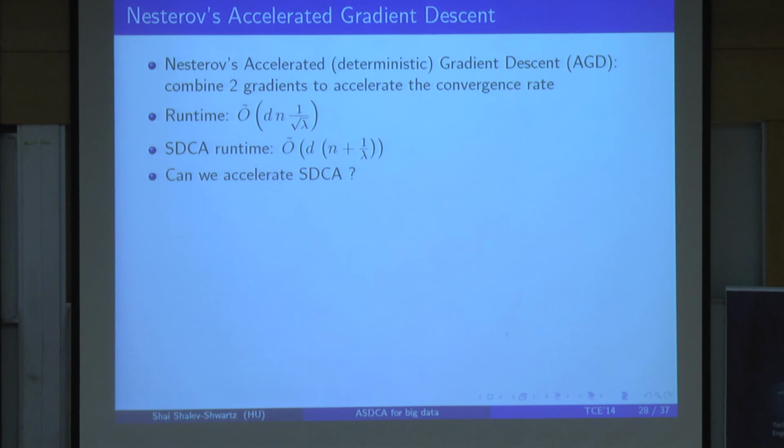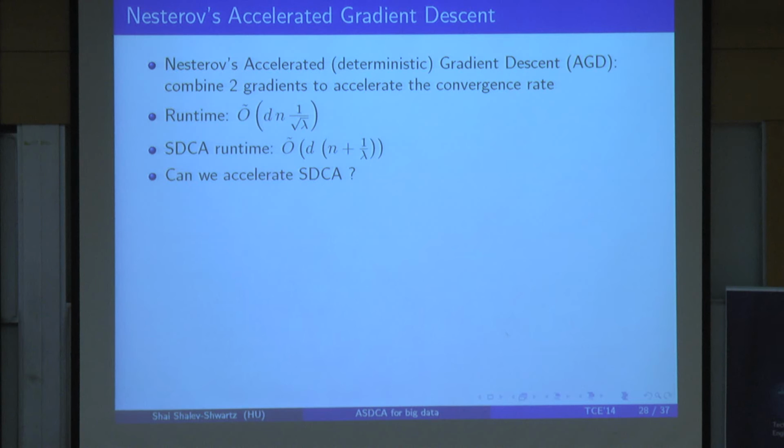You don't lose a lot. You maybe lose a factor of 2 in the cost of each iteration, but you gain a lot in the number of iterations required. And the gain is, instead of a dependence on 1 over lambda, where lambda is the regularization parameter, now the dependence is on 1 over square root of lambda.